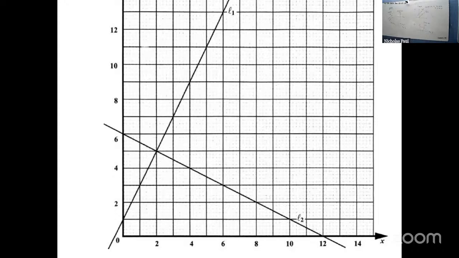So pick any 2 points you want, right? You can pick any 2 points you want and find the gradient. Let me pick on the quick one here. Who's the quick one here? Bandana.